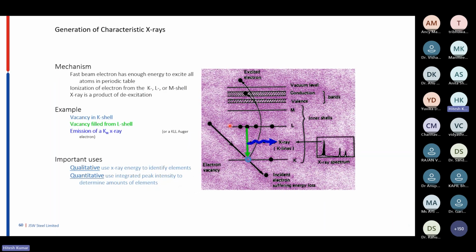These are the curves which are plotted, and these X-ray lines are used to see what type of elements are present in your sample. Qualitatively, use X-ray energy to identify elements, and quantitatively use integrated peak intensity to determine the amount of elements, how much, like 2% is there, 3% is there. Those kinds of analysis we can do with the help of this.